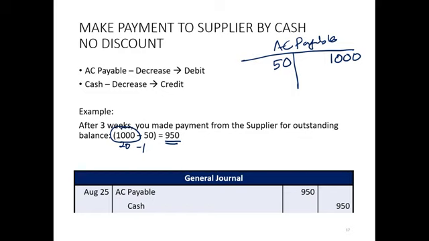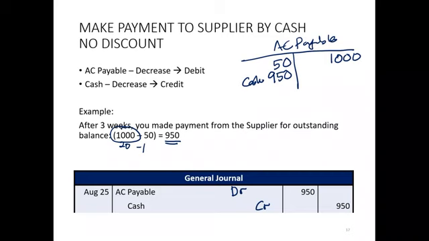So what will be the transaction once we make the payment to the supplier? Our account payable will decrease, so I'm going to debit here 950. And my cash will also decrease, or credit, by 950. So the transaction will be debit account payable 950 and credit cash 950.